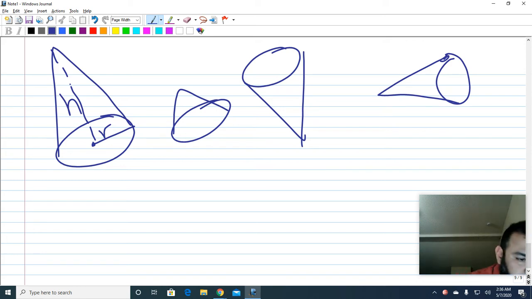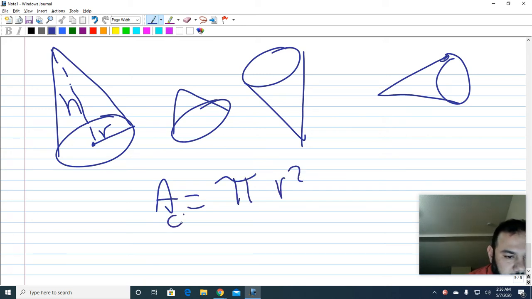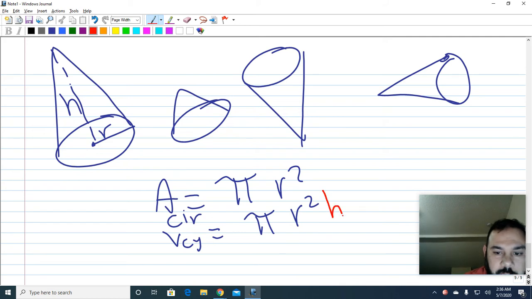Guess what? We have area equals pi r squared, that's the area of a circle. We have the volume of a cylinder equals pi r squared multiplied by h. Guess what?